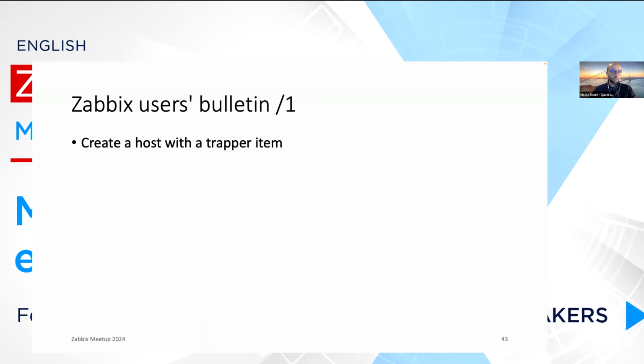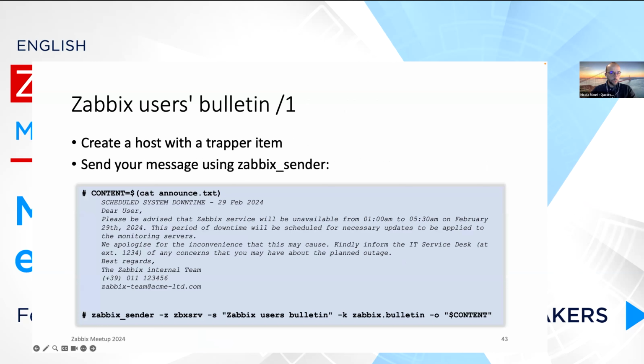First, create a host with a trapper item, and create your message. So, for example, this is a message to advise that the Zabbix service will be unavailable for maintenance and so on. And you can send your message using Zabbix sender to that host, that trapper item, or you can use any other tool or application you can write to send this message.